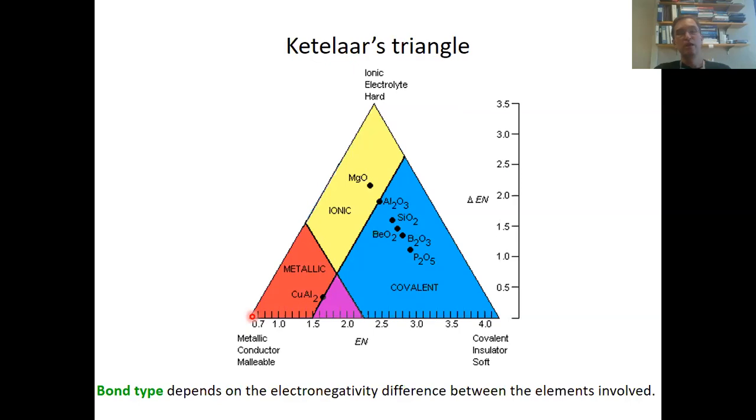And now here at the other end, we will have the fluorine. Within fluorine, the electronegativity difference is also 0, but the average electronegativity of the fluorine atoms is just the electronegativity of a single fluorine atom, which is equal to 4.0.